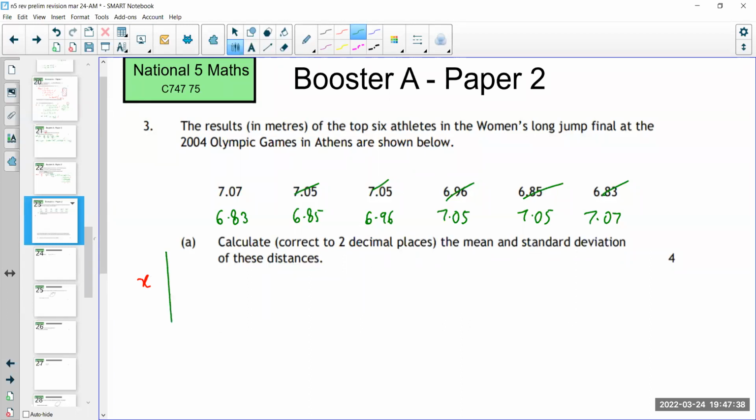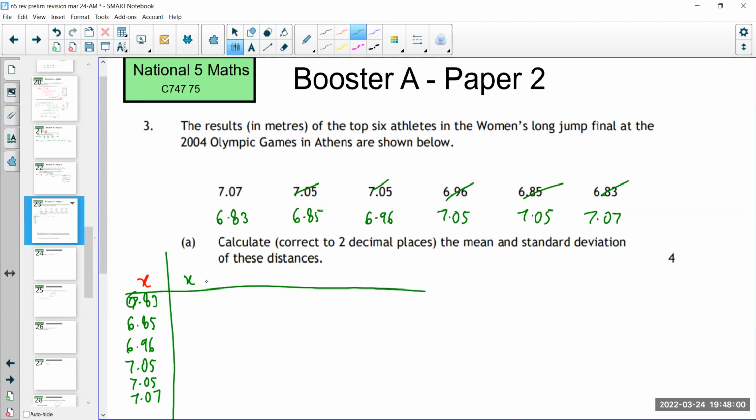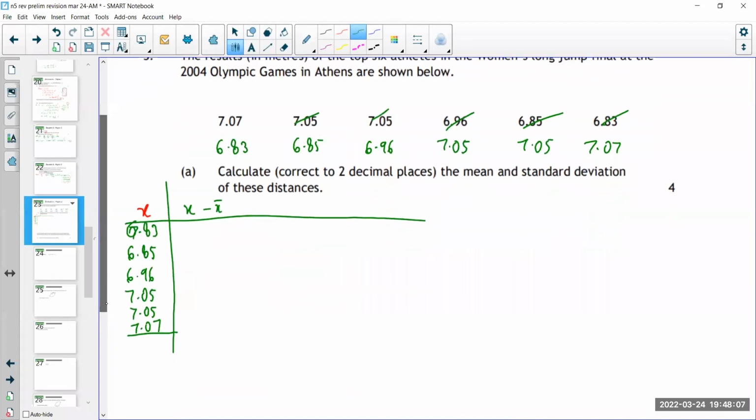So X, we put a table for that. So 6.83, 6.85, 6.96, 7.05, 7.05, 7.07. So this process, we need to calculate X bar. So X bar, you add all these up, which gives you 41.81.